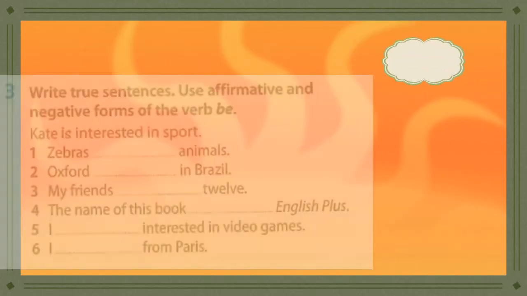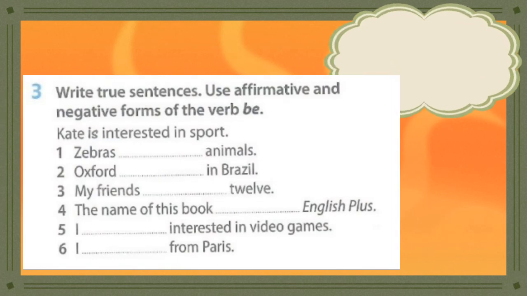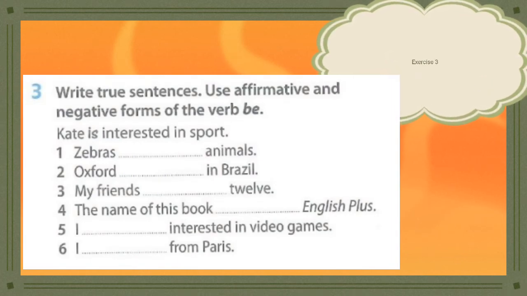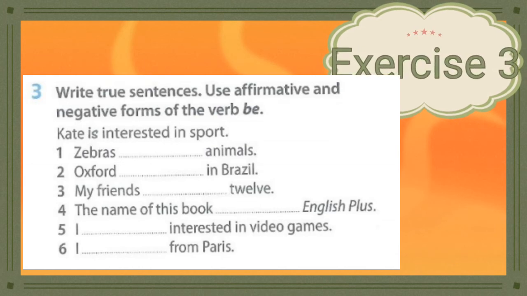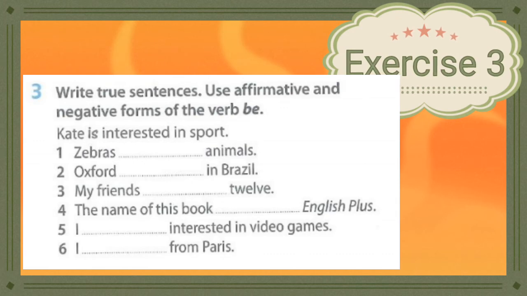Exercise 3. Write true sentences. Use affirmative and negative forms of the verb be. For example, Kat is interested in sport. Okay, the word is the verb to be. Number 1. Zebras, animals. So, which form of the verb to be is suitable for this sentence?